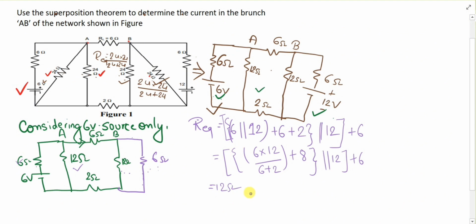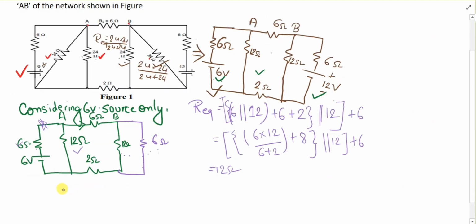Once you get the total resistance, you have to identify the total current flowing through the circuit. I equals V by R EQ. V is 6 upon R EQ is 12, which means 1 by 2, which is 0.5 ampere.